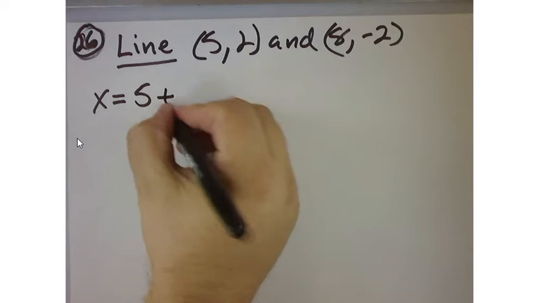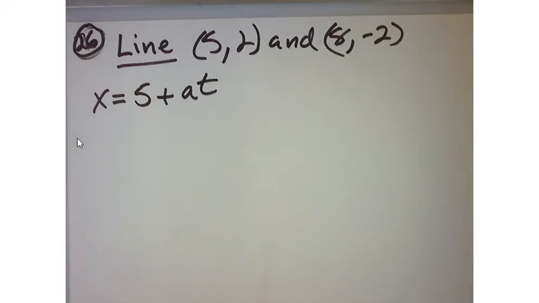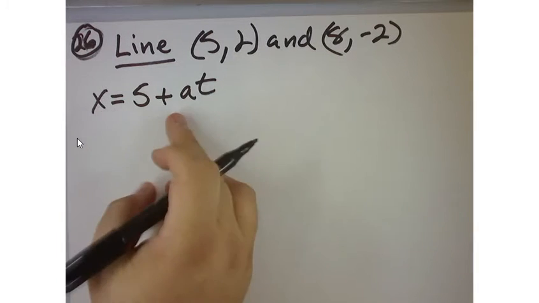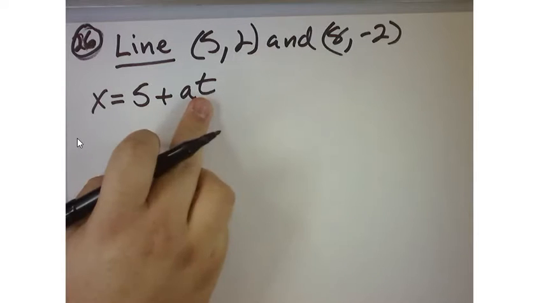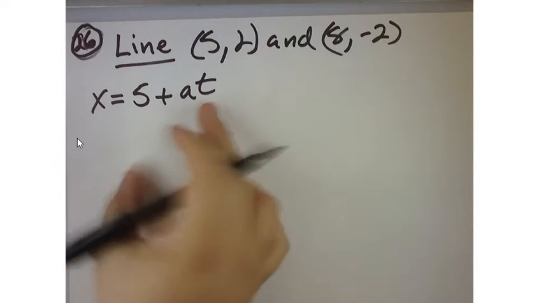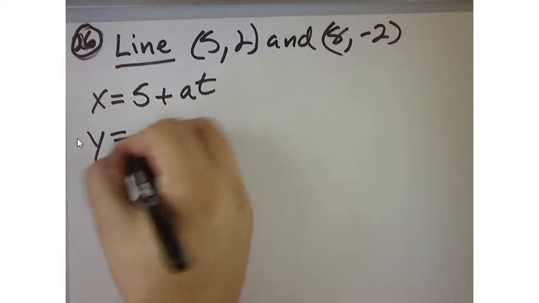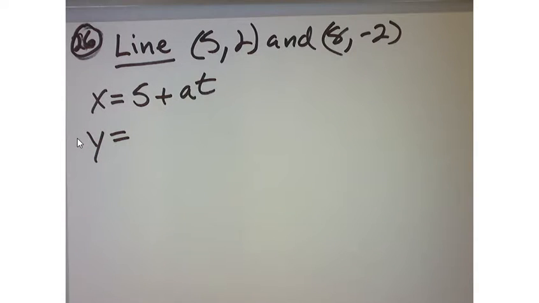plus a times t. Now the reason we're putting a times t is because it's a line, it's linear. And linear functions have a constant rate of change. That means that x should have a constant rate of change with respect to t. Similarly, y, because it's a line, has a constant rate of change.